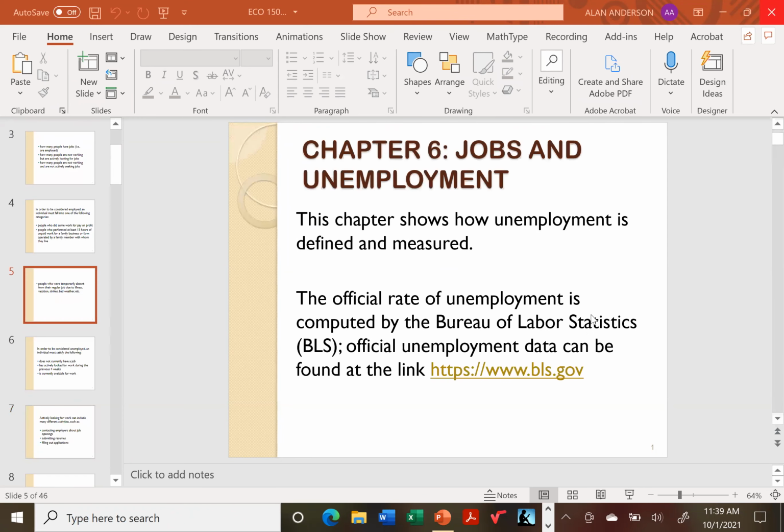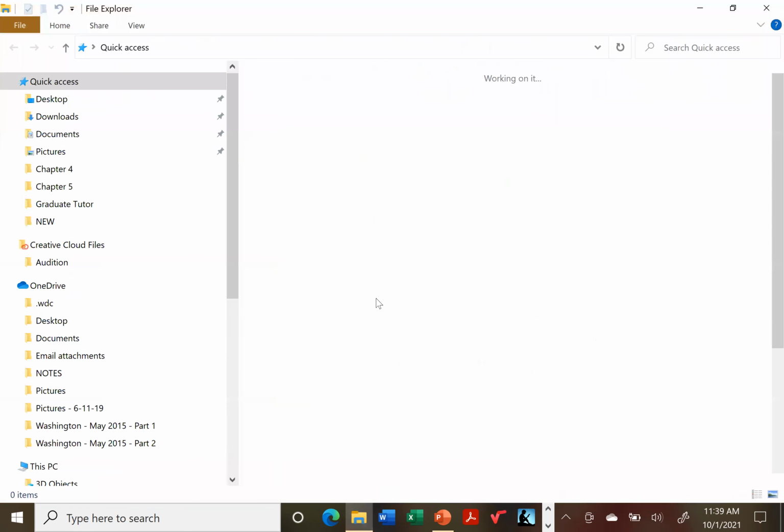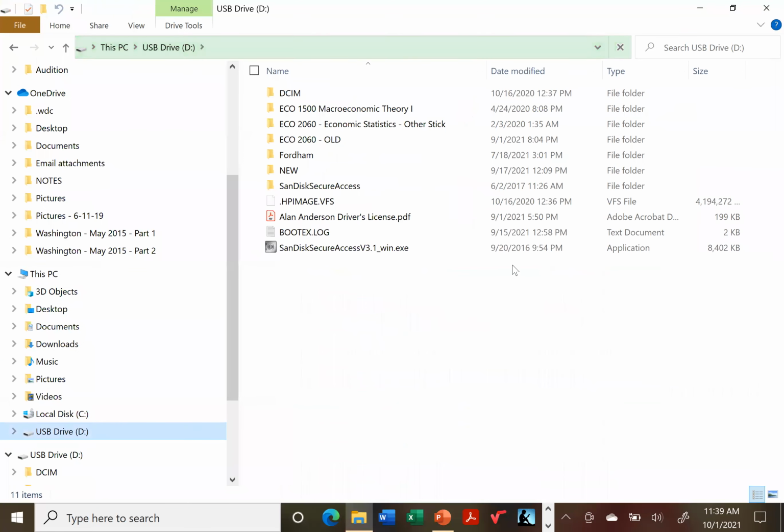Sometimes with computers, if you have too much stuff open, no, there it goes again. It won't move. Well, I have to admit, this is a cheap little computer. I think it needs to be replaced. Nope, it won't let me do anything. Let me see if I can open it off of my stick here, my flash drive.